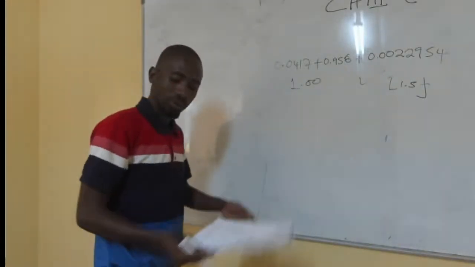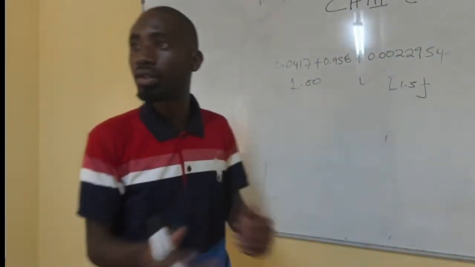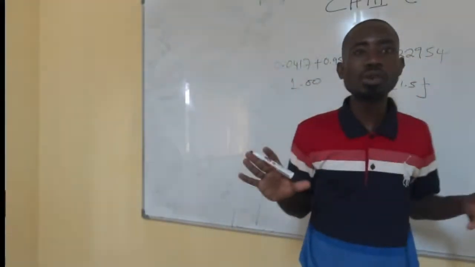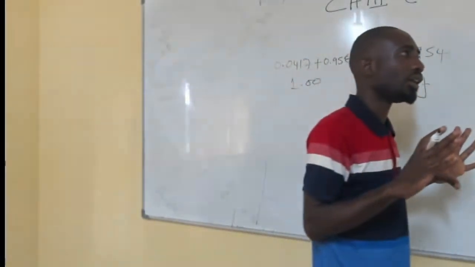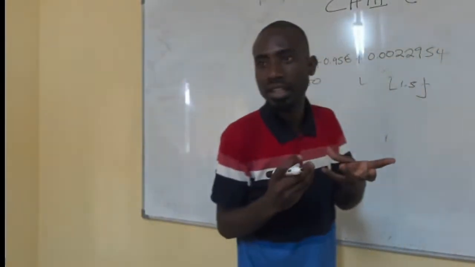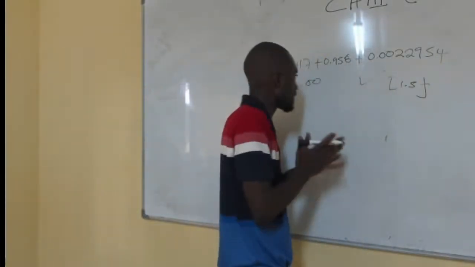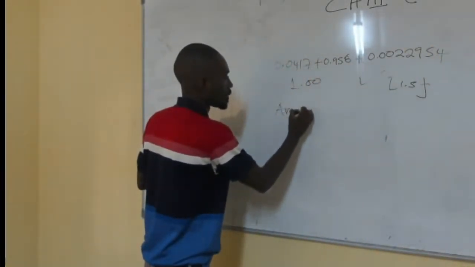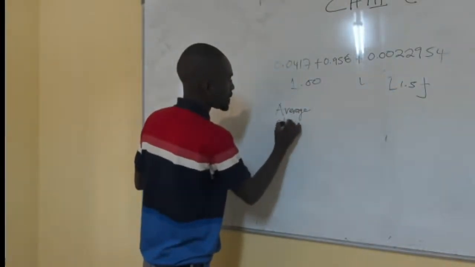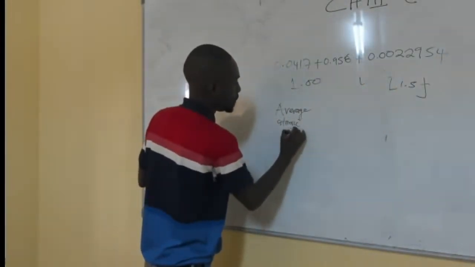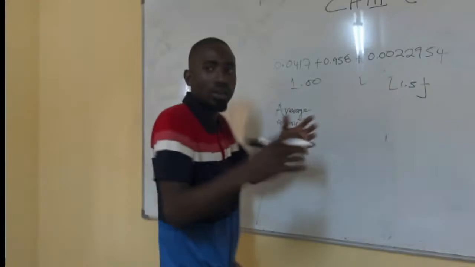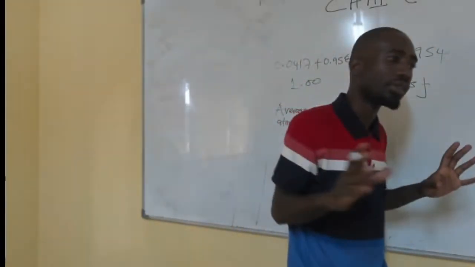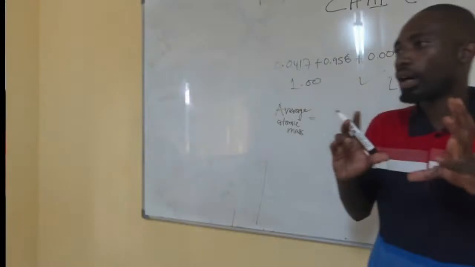Then the other one, question 2. Question 2, of course, we have always been talking about this. Finding the average atomic mass. Of course, the formula. Average atomic mass, depending on how many isotopes you have, your formula will correspond.